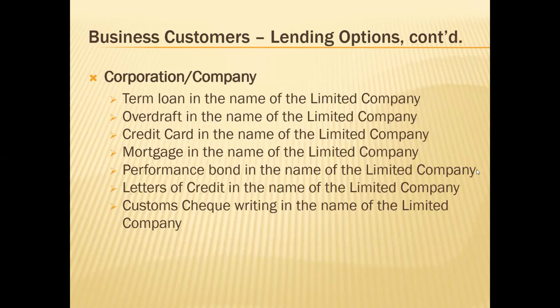So the corporation or the company can get term loans in the name of the company, overdrafts in the name of the company, credit cards in the name of the company, a mortgage in the name of the company, a performance bond in the name of the company, letters of credit in the name of the company, customs writing facility in the name of the company. Okay, and you see there's a new item there, letters of credit.